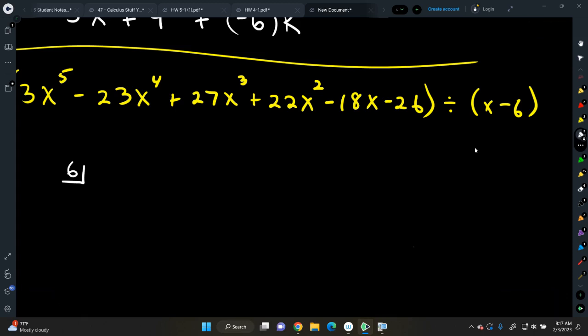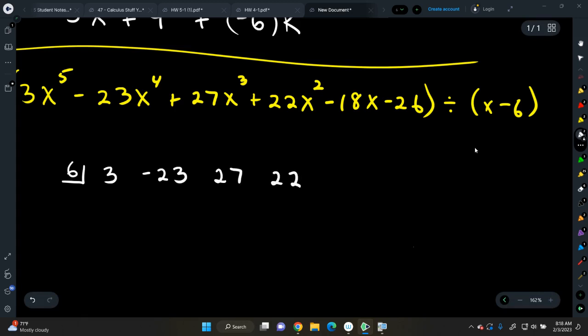Okay, and now we're going to list the coefficients. So we have 3, -23, +27, +22, -18, -26.